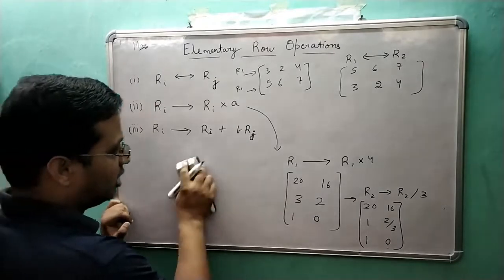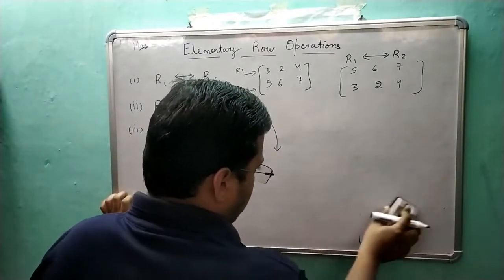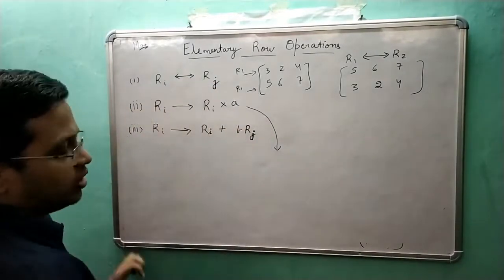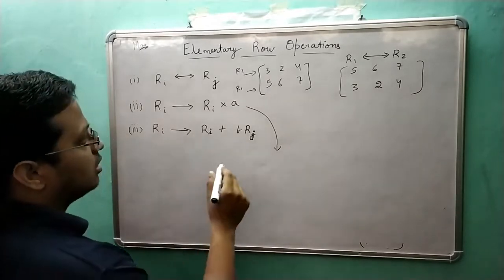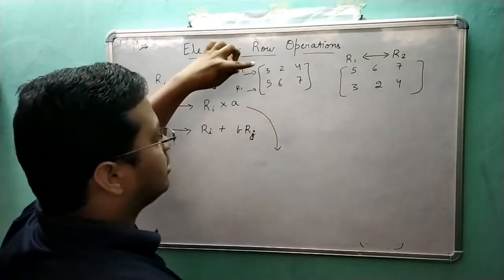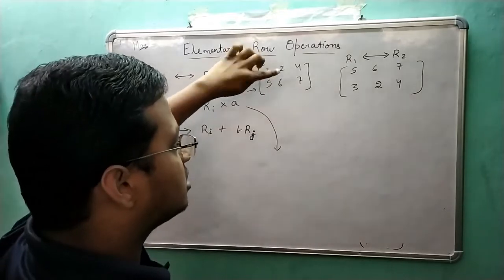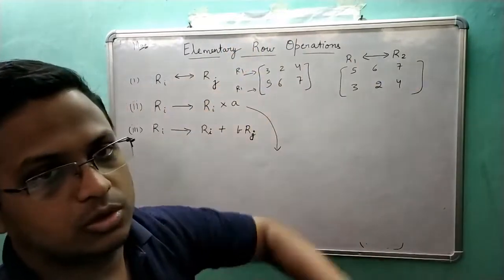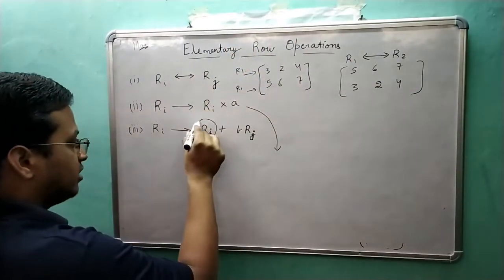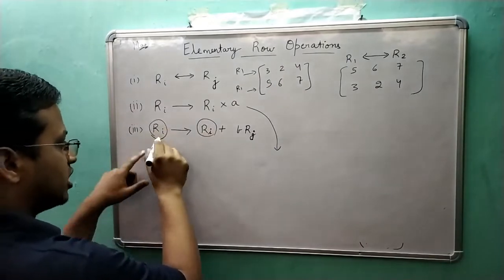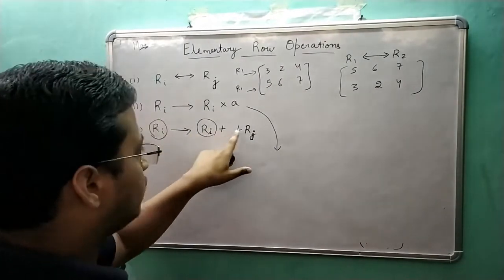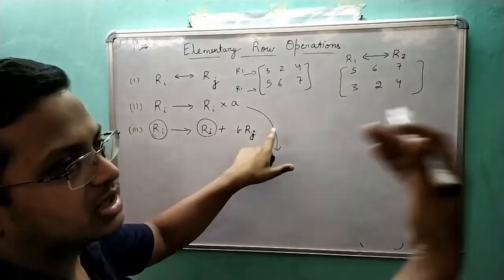Now coming to the third type. In the third type, what we are going to do is, we will add a given row with some multiple of the other row. So we will add the row which we want to change with some multiple of some other row.